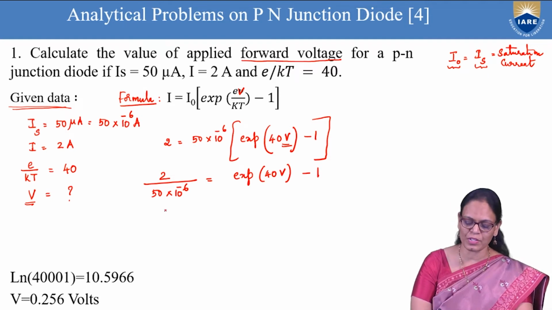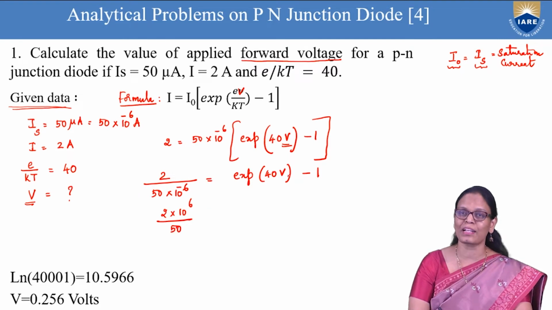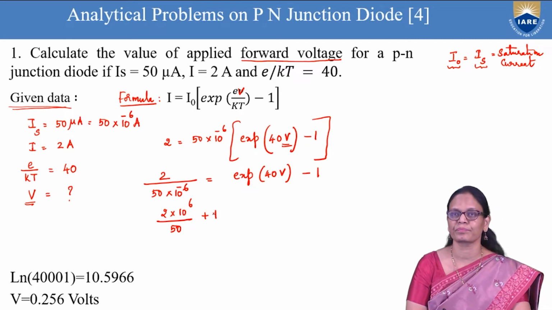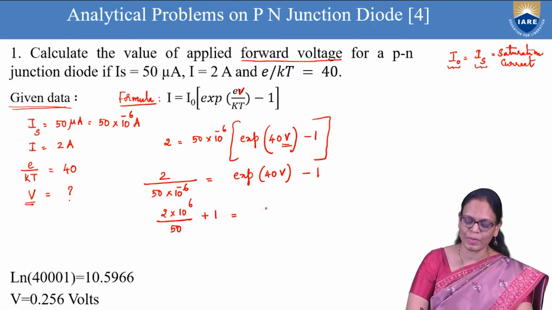So if I take this to the numerator, I can simply write it as 2 into 10 power 6 by 50. And this minus 1, if it comes on to the other side, it will be plus 1, and this will be equal to exponential of 40V.